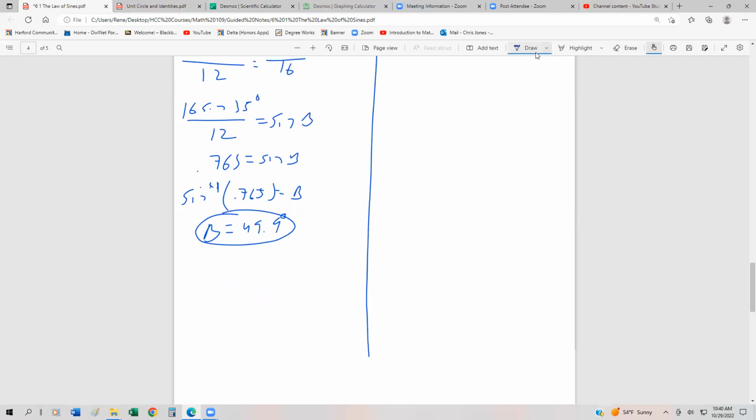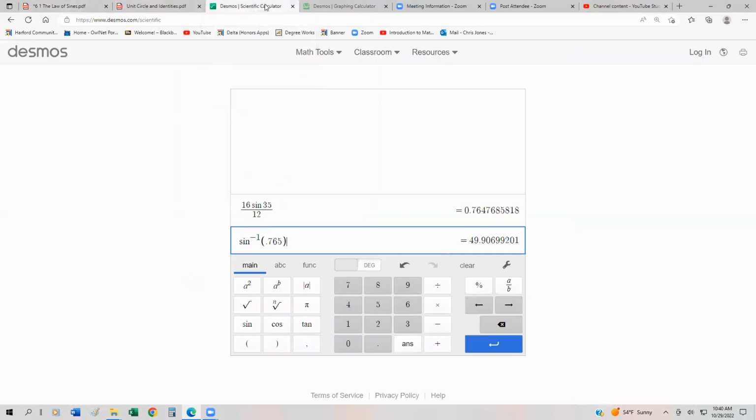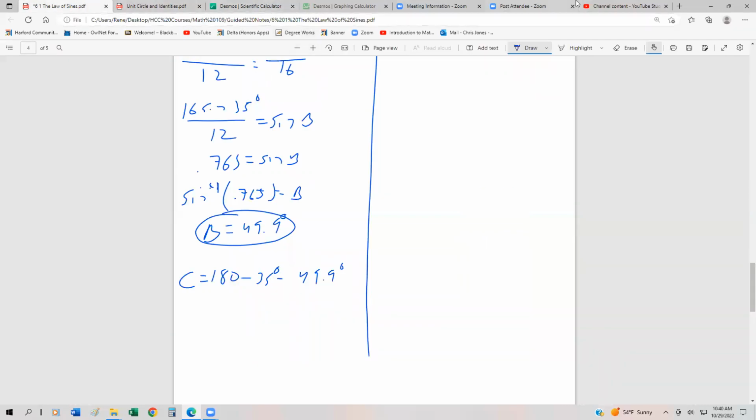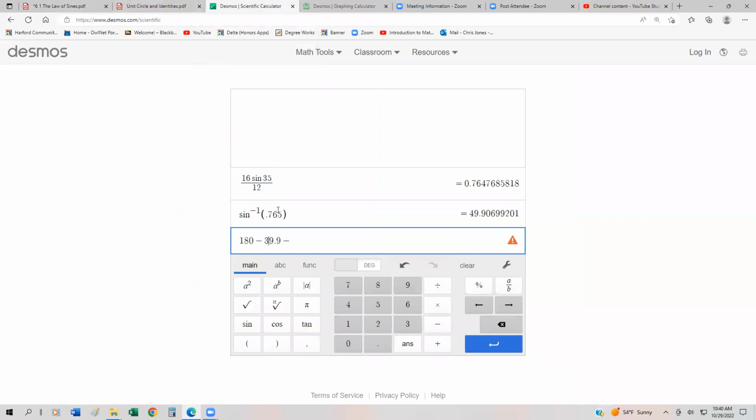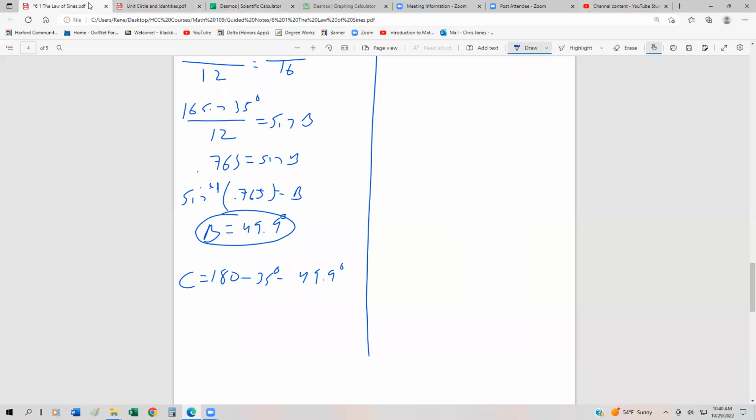We know that C is going to be 180 minus 35 minus 49.9 degrees. In our calculators, if we crunch that out, 180 minus 49.9 minus 35, that's 95.1. So I'm going to call C equal to 95.1 degrees. And then all we'd have to do is find one more side, which we will in a moment.